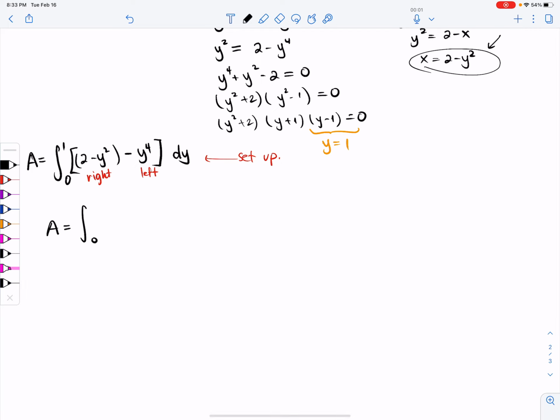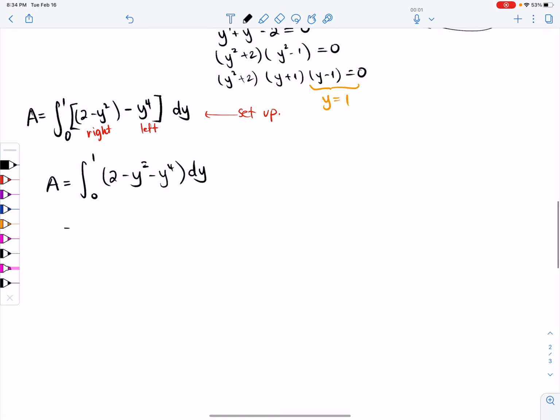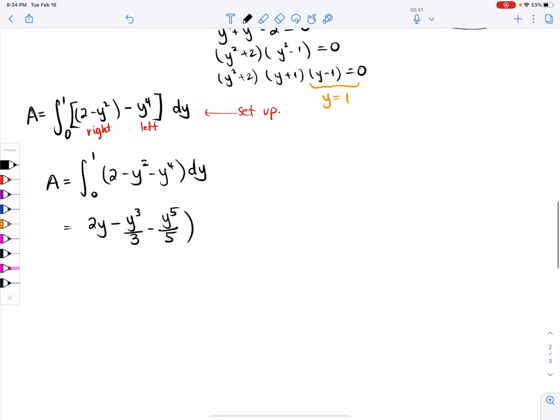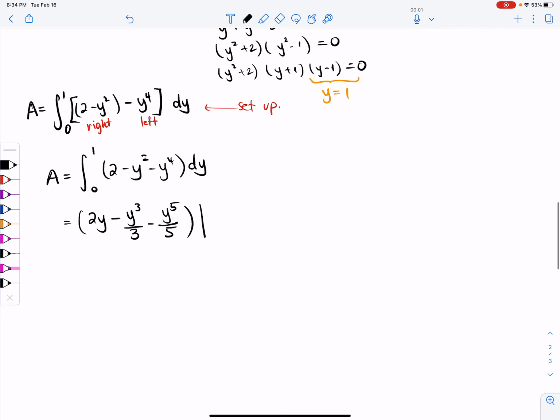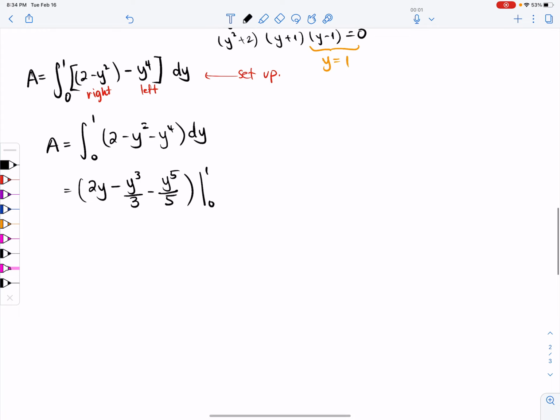We have the integral from 0 to 1 of 2 minus y squared minus y to the 4th dy. So we have 2y minus y cubed over 3 minus y to the 5th over 5. And we are going to evaluate that from 0 to 1.